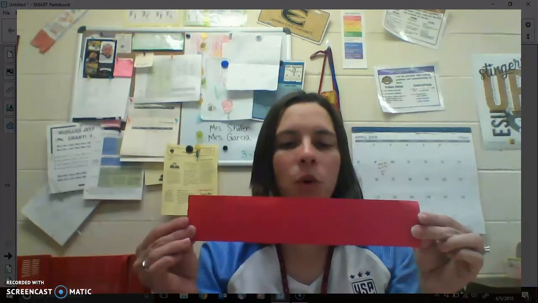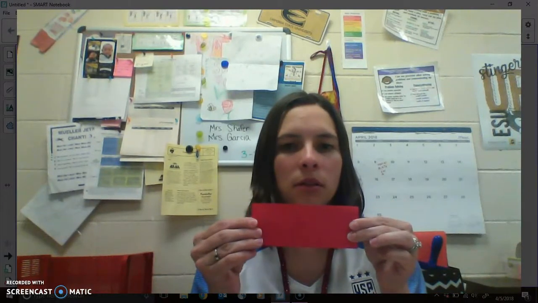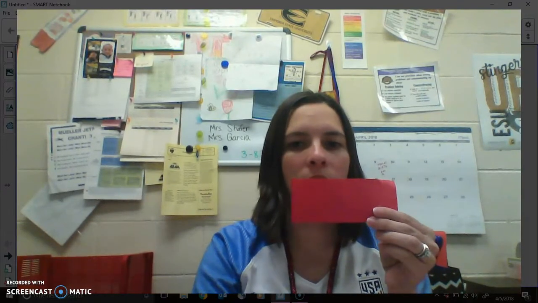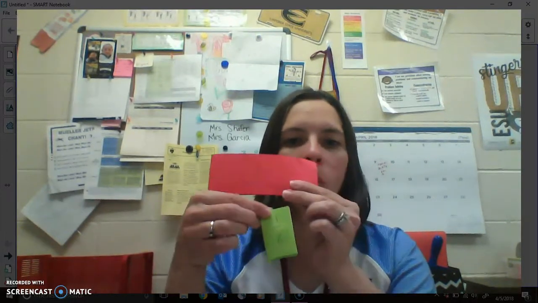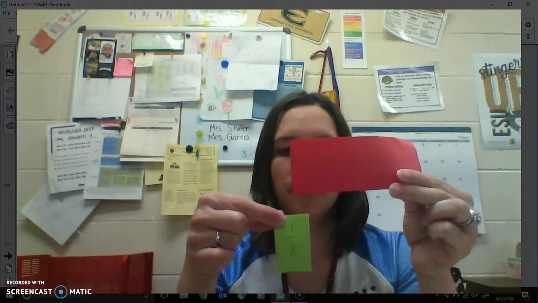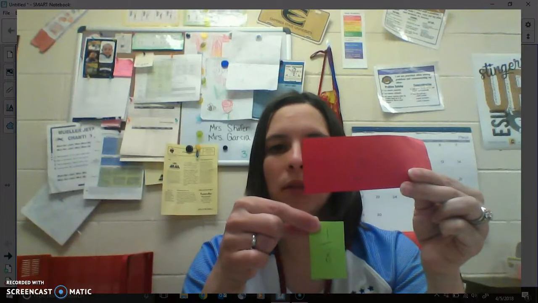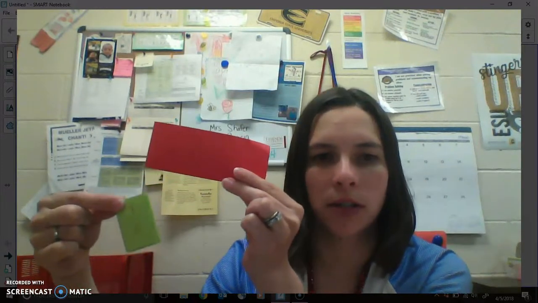Did you get stuck? You're not sure what I mean? Okay, let's look at a couple together. So on this first one, remember I folded 1/2 so you could only see 1 unit. I also folded 1/8, so you could only see 1 unit. As you look at the units, which one of these is bigger? Move them off to the side so you can see my face too.